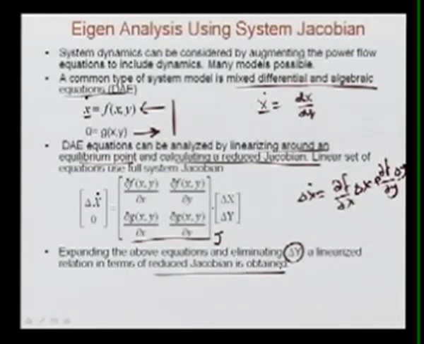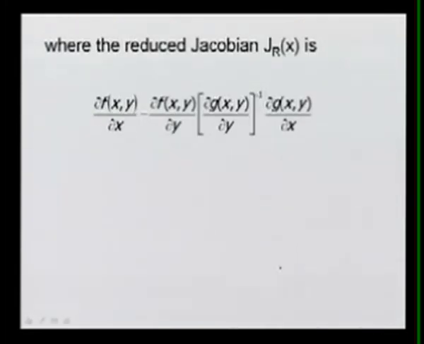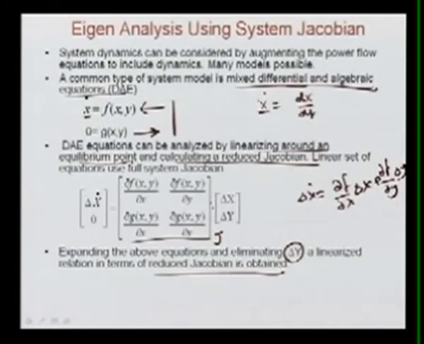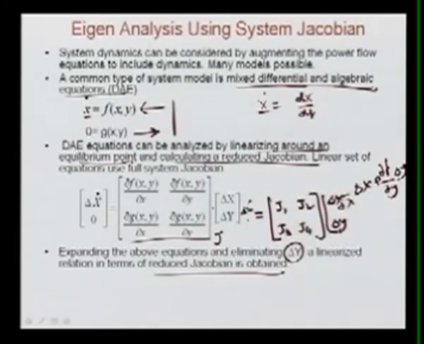We can write this in terms of Jacobian terms, let us suppose J1 and J2, J3 and J4, multiplying the change in x and change in y, corresponding to the change in x dot and here it is 0.